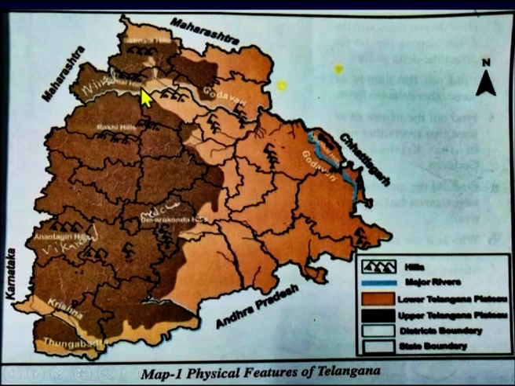The river Godavari flows from here and drains towards the east side, and here is the Krishna river. So all these 3, the Lower Telangana Plateau, the Upper Telangana Plateau and the 2 rivers, Krishna and Godavari, make the relief features of Telangana.